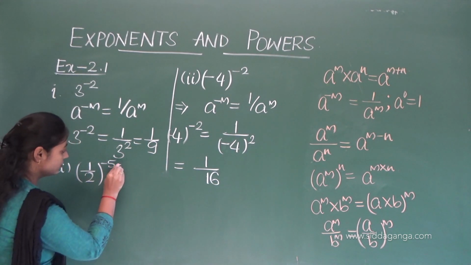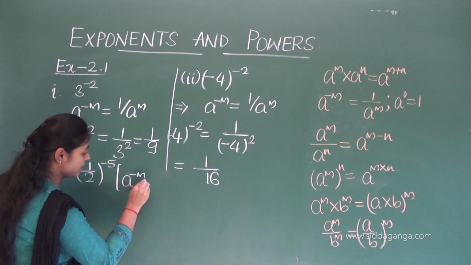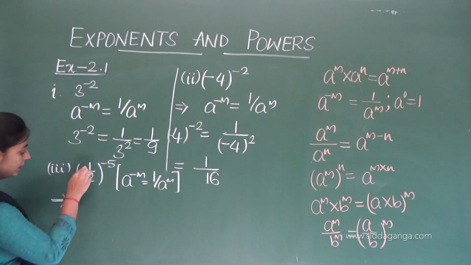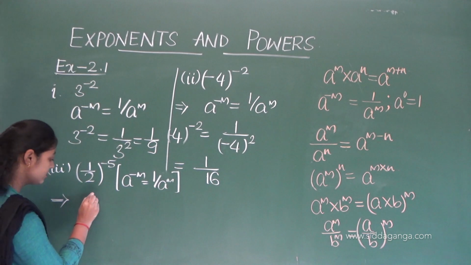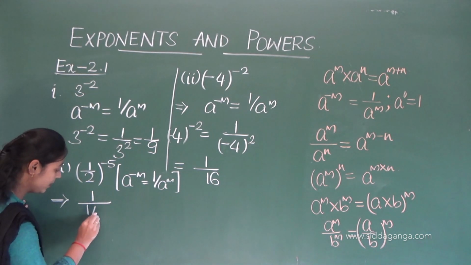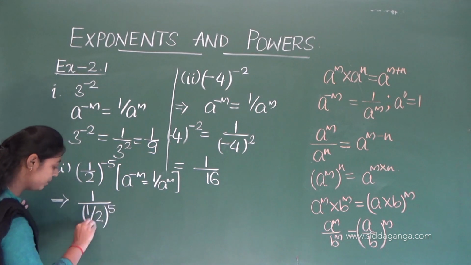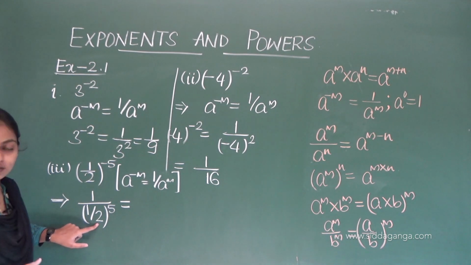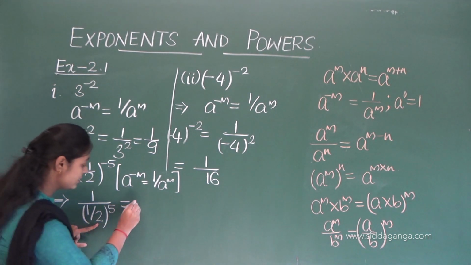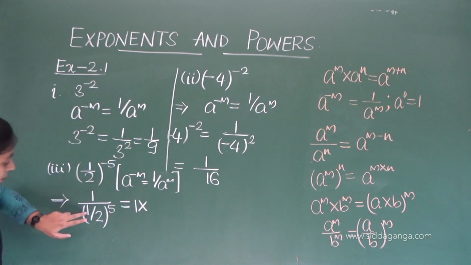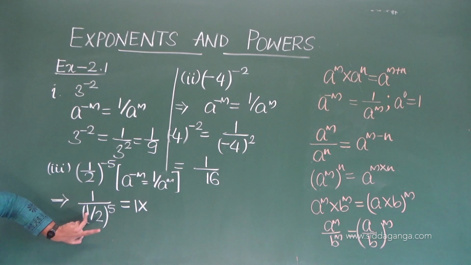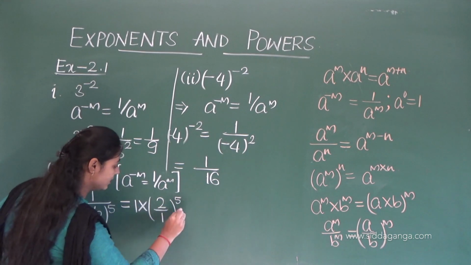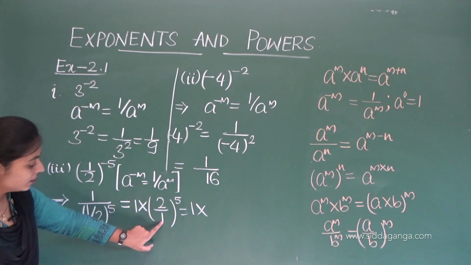The law is a to the power of minus m is equal to 1 by a to the power of m. 1 by 2 whole raised to minus 5 is 1 divided by 1 by 2 whole raised to the power of plus 5. So, we have been seeing this with rational numbers: when the term in the denominator goes to the numerator, it becomes a reciprocal. So, the numerator is 1 into the reciprocal of the denominator; the reciprocal of 1 by 2 is 2 by 1, whole power 5, that is equal to 1 into 1 to the power of 5.